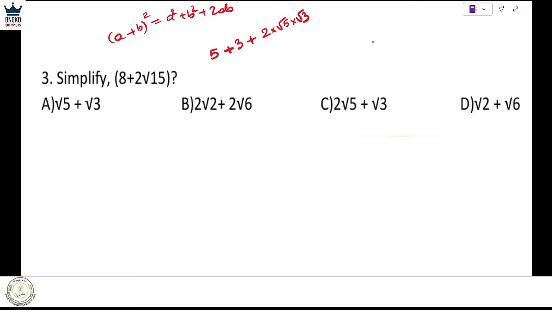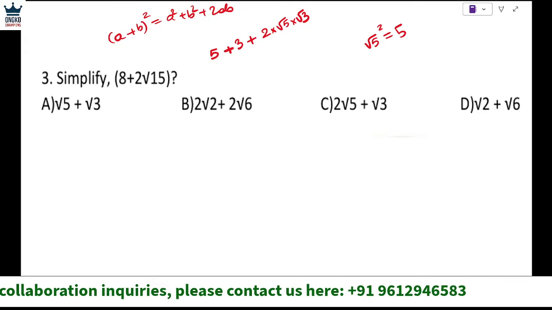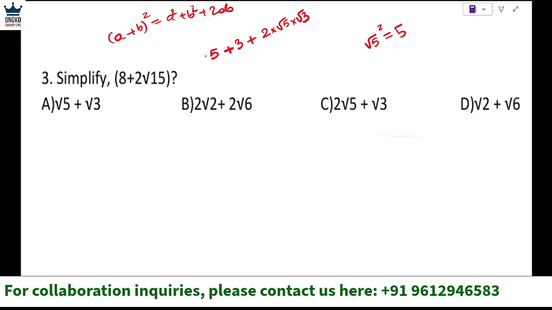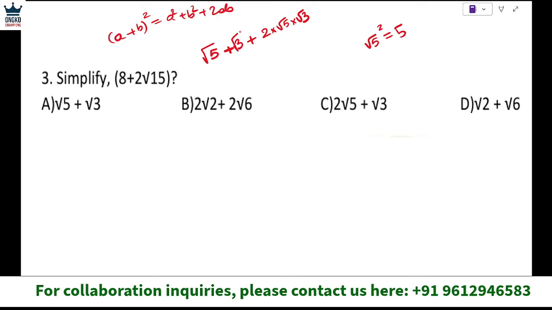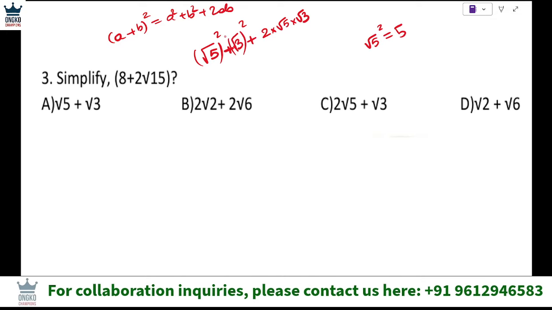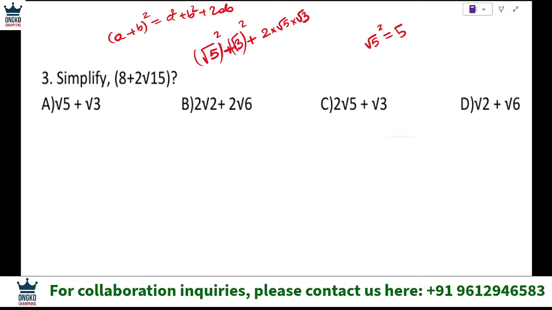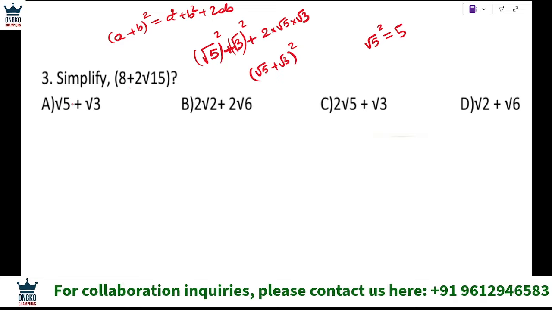Now root 5 square is equal to 5. That means it's root 5 plus root 3 whole square. Usually a squared plus b squared plus 2ab is the same as a plus b whole squared. So can we say root 5 plus root 3 whole square? Here it can be either root 5 plus root 3 whole square.